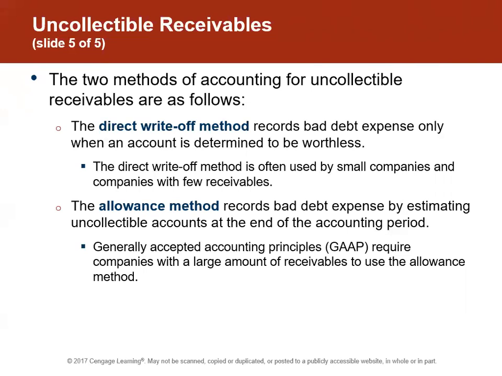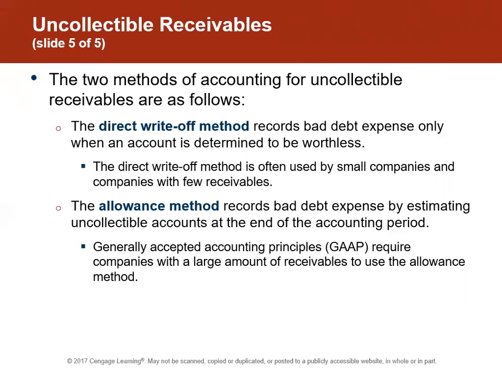The direct write-off method does not follow GAAP, and we'll talk about that here in a minute. So if we're a publicly traded corporation and we have to follow GAAP procedures, we have to use what's called the allowance method, okay? And we're going to look at these two methods and then do some examples.